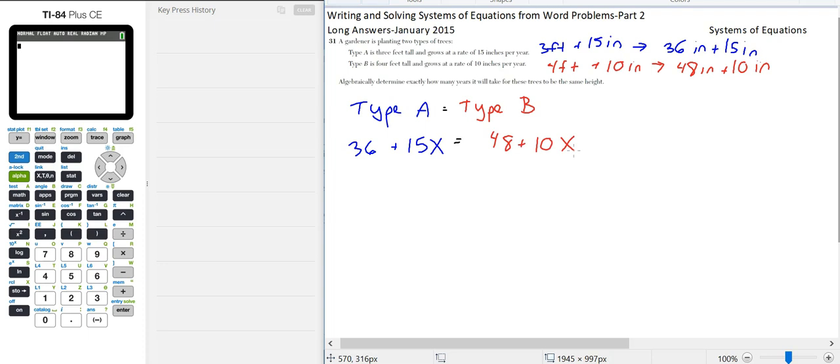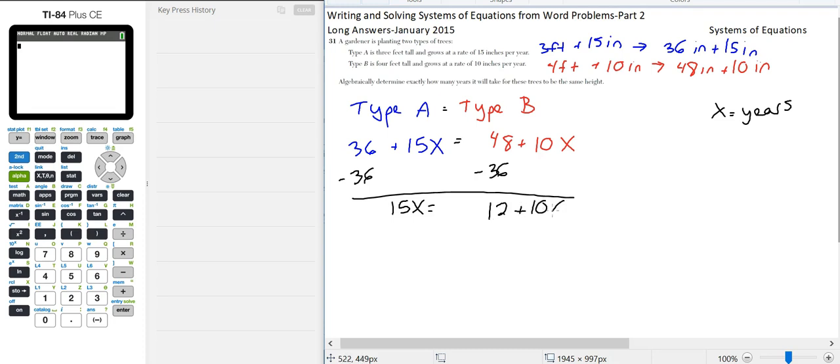Now we just have to solve this equation for x, because we know that x is the number of years. We want to know after how many years the 2 trees will be the same height. So we're going to subtract 36 from both sides. 15x is equal to 48 minus 36, which is 12, plus 10x.